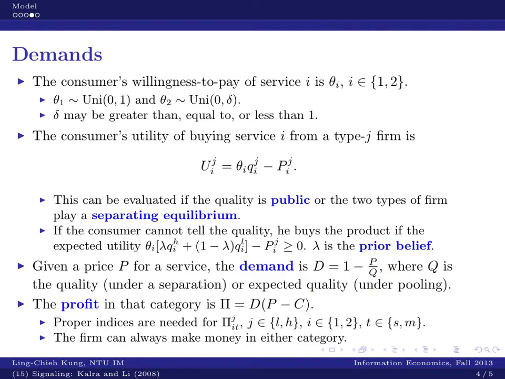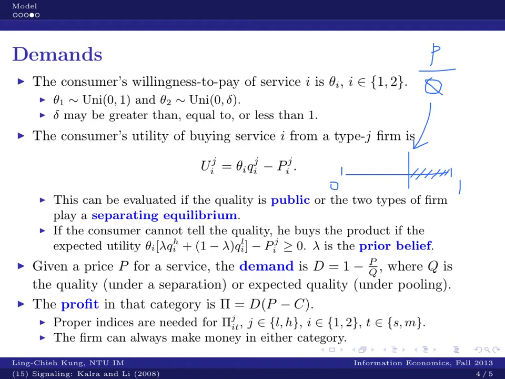It's nothing but there is a line here between 0 and 1, and if I know the price is P, then I know P over Q is somewhere here, and all those guys with higher theta are going to buy my product. So this part will be 1 minus P divided by Q.